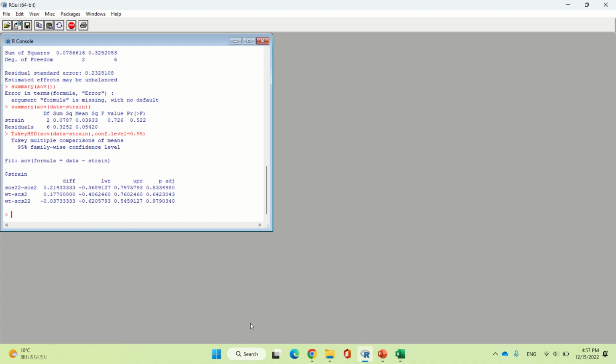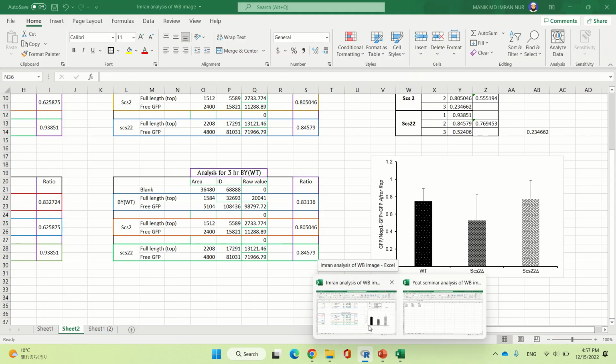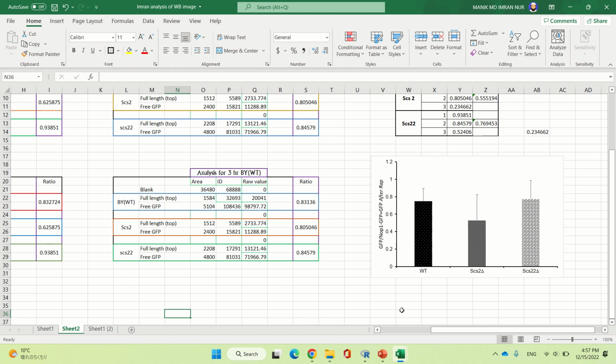Okay, then maybe you can do the statistical analysis of my data. But there is no significance. No significance means no significant difference. Although it seems that this is higher, this is lower, this is higher, statistics says that there is no significant difference.